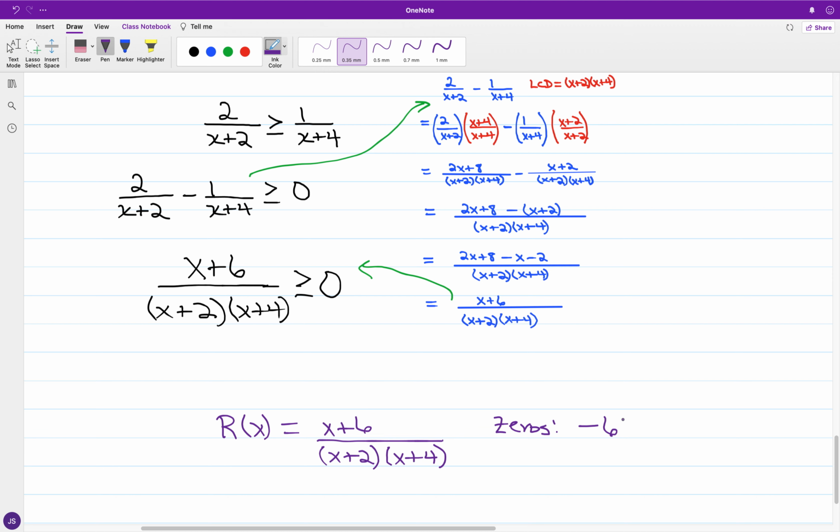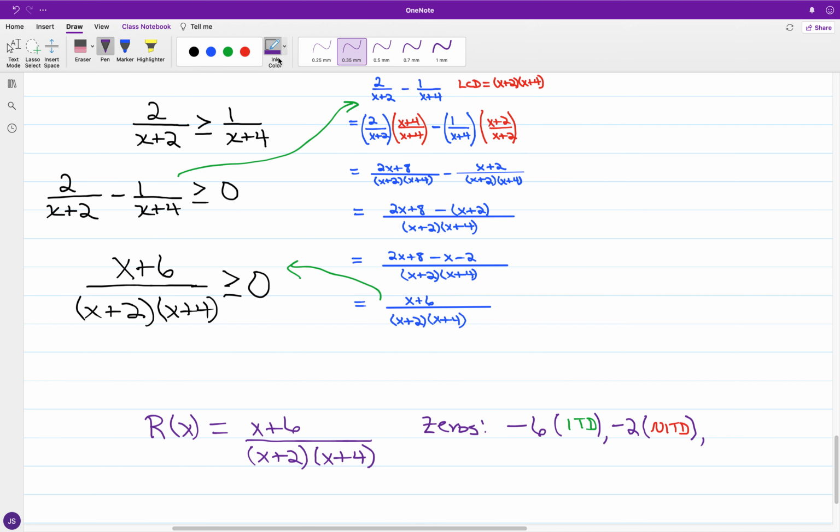So we can say once again that this is in the domain. Now for x plus 2, we have negative 2. And since x plus 2 is in the denominator, if I have a 0 denominator, again, the expression is undefined. And if x plus 4 is 0, we have x equal to negative 4. Again, that would render the expression undefined. So negative 4 is not in the domain.